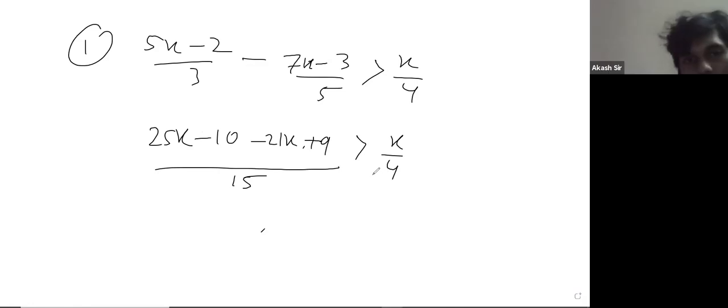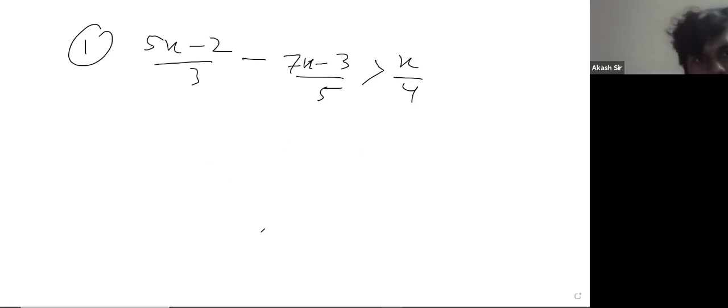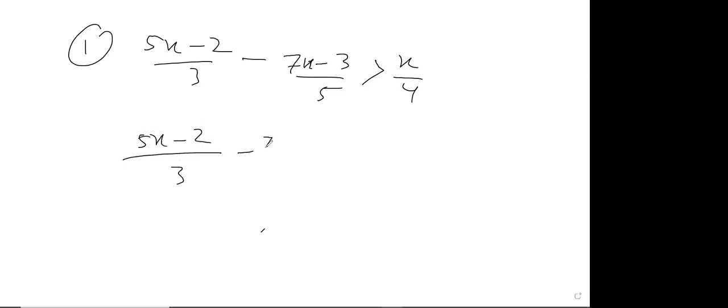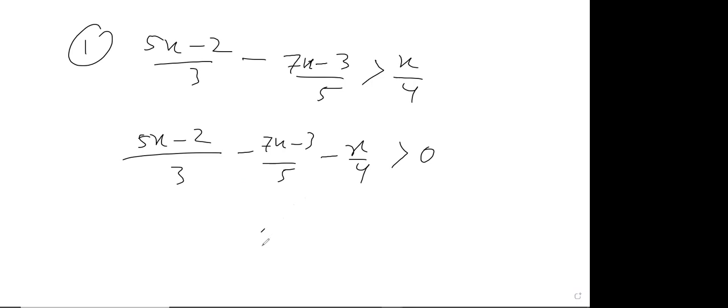Gautam, what did you do? Sir, I took x by 4 to the other side. Then I took common denominator and simplified. What is the common denominator? 60.